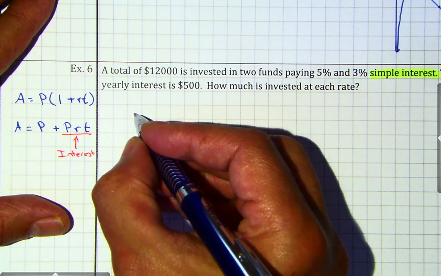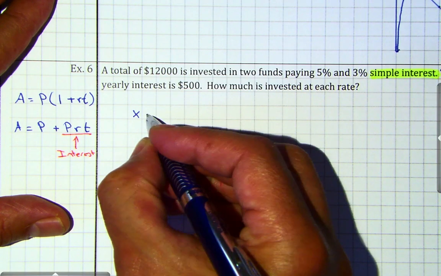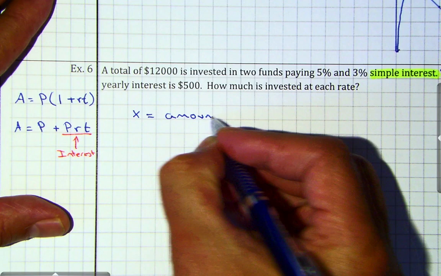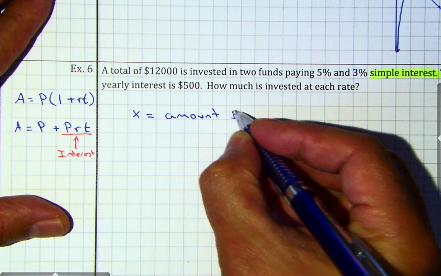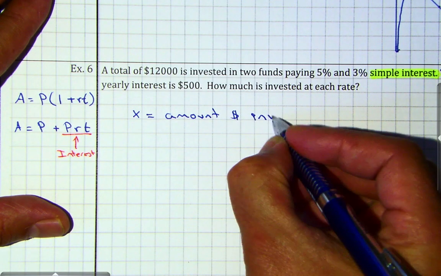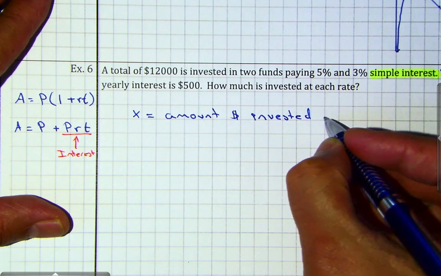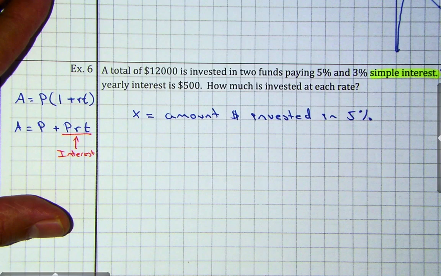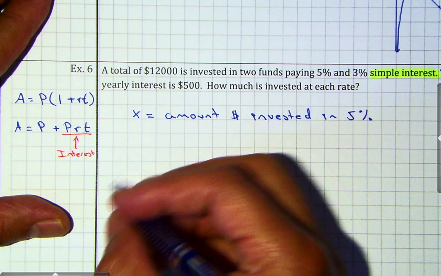So we're going to label x as the amount of money invested in the 5% fund.